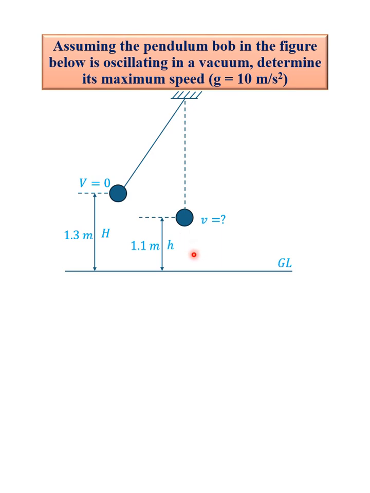So we are just going to solve this problem using the principle of the conservation of mechanical energy. According to the conservation of mechanical energy, the sum of the energy here must be equal to the sum of the energy here. You agree with me that at this point, the body possesses both kinetic and gravitational potential energy.